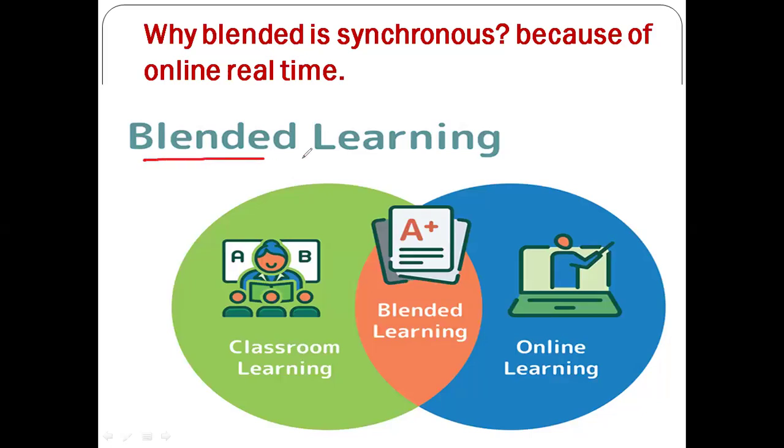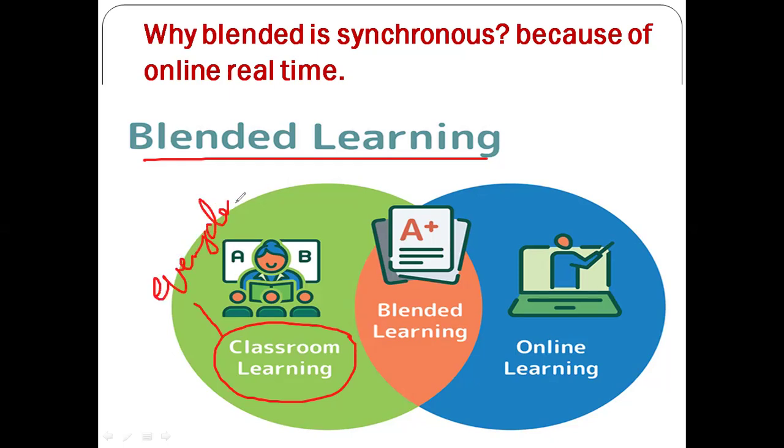Now, we have another method, blended learning. Blended learning means your traditional classroom, your everyday class, your daily class in which students and a teacher are available in the classroom, and online learning. Now, how do we apply this model?